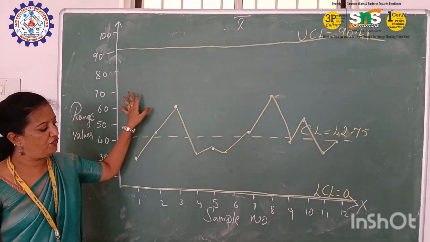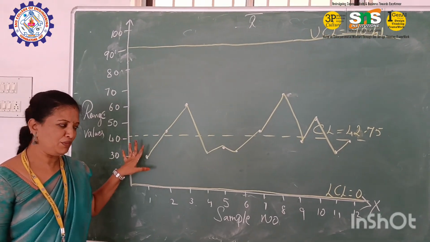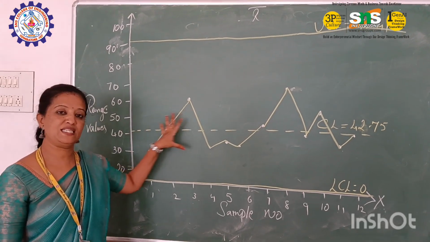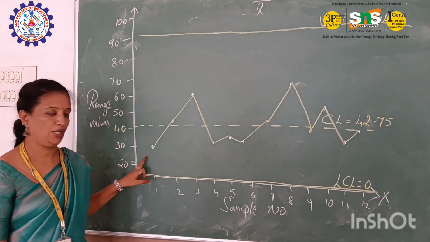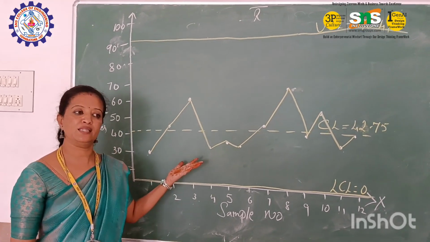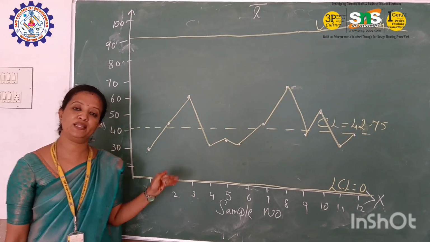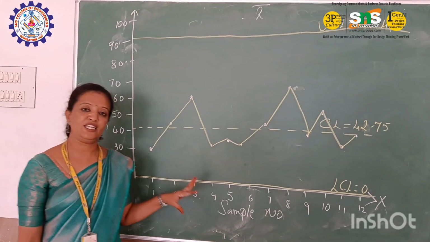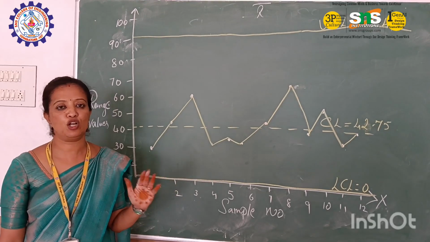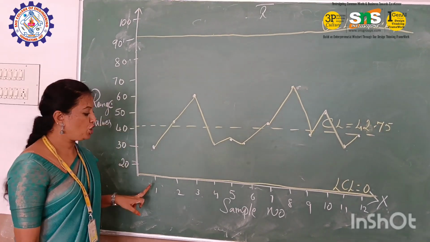Now if you see this chart, from the chart we are declaring that all the points lie inside the control limit. But before drawing the graph itself, you can decide whether the range chart is going to lie within the control or out of control. That is, see your range value.